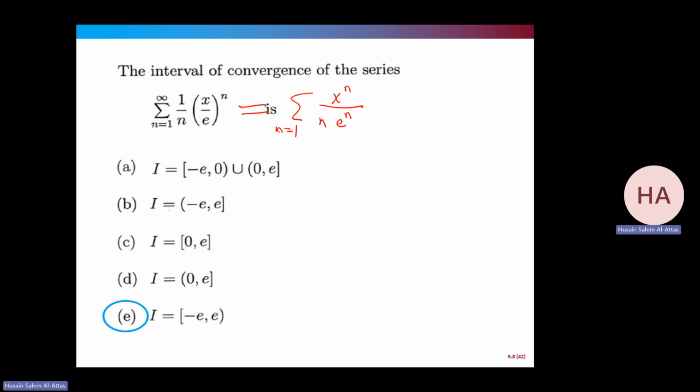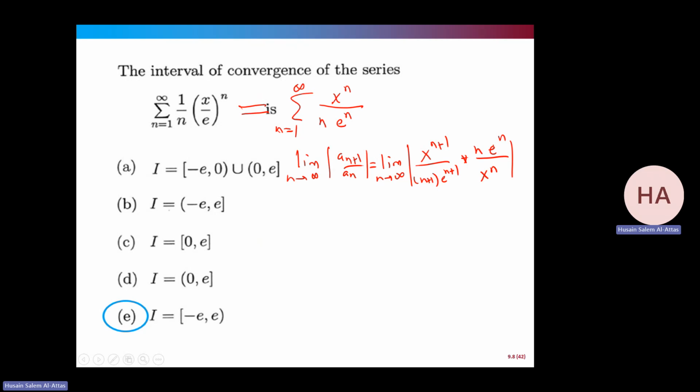I think this is better. Now we'll find the limit as n goes to infinity of a_(n+1) over a_n. I think that will make it easier. Now it will be x^(n+1) over (n+1) e^(n+1), times the reciprocal of this, something like what we did before.